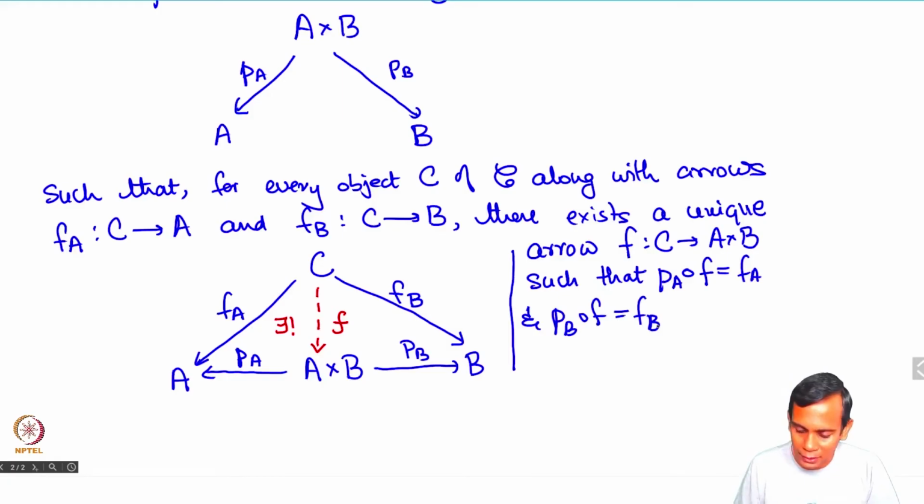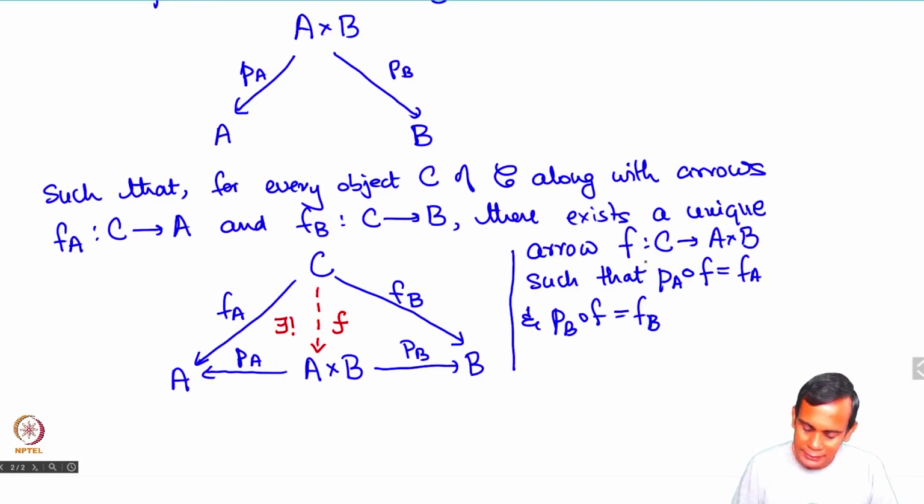Now these conditions are more easily visualized in this diagram here on the right. What we are saying is, in this diagram, you go from C to A, there are two possible paths. One path is to go directly from C to A using the arrow f subscript A, and another possible path is to go from C to A via A cross B. And so the arrow involved here is P subscript A circle f.